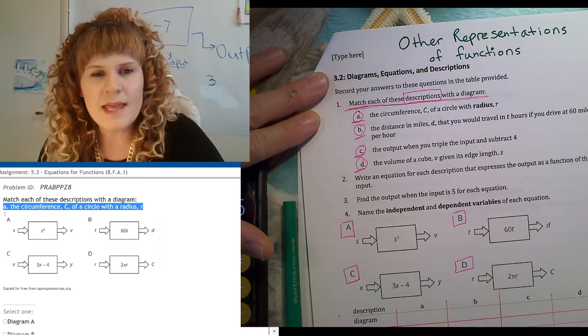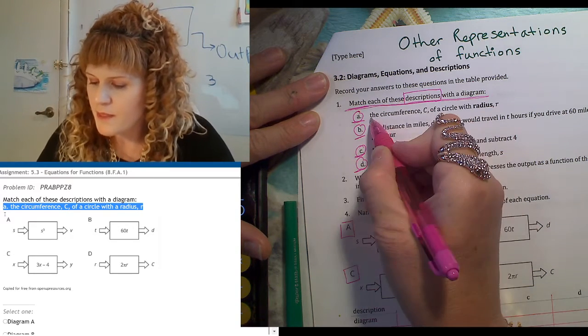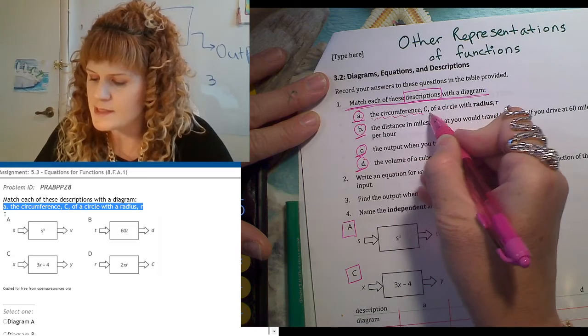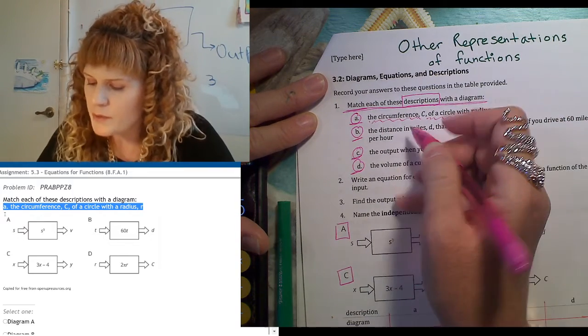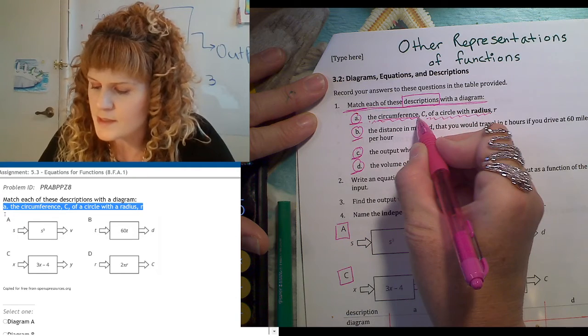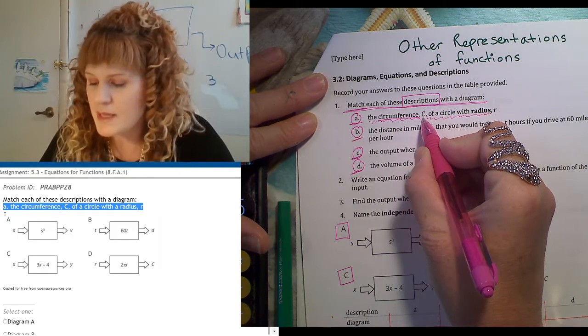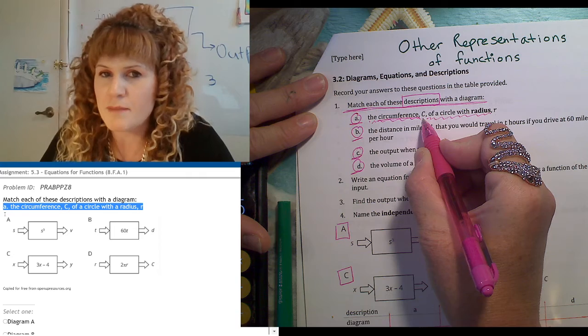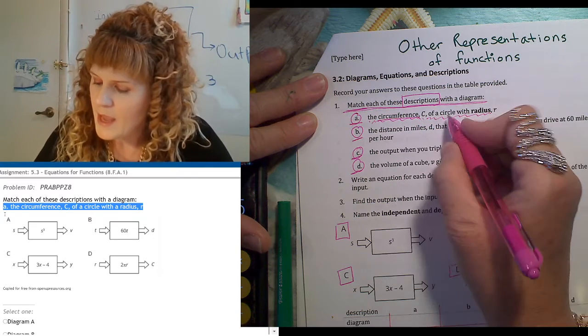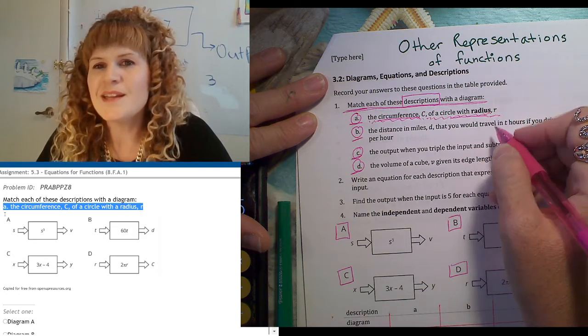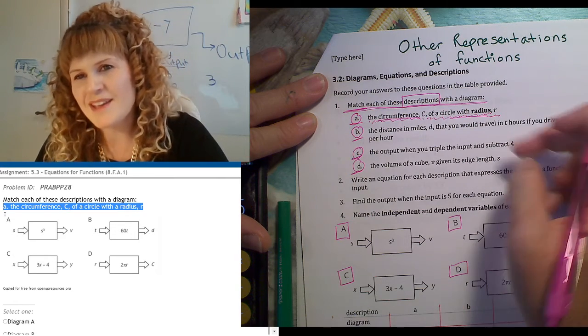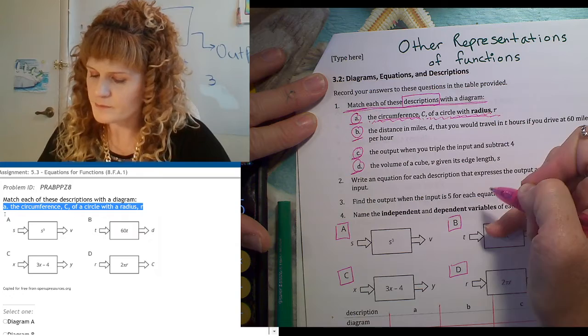Anyway, okay, it says A, the circumference C of a circle with radius R. Notice that when they say circumference, comma, C, it means that's the variable that means circumference, and they have radius, comma, r, it means radius, here's the variable.